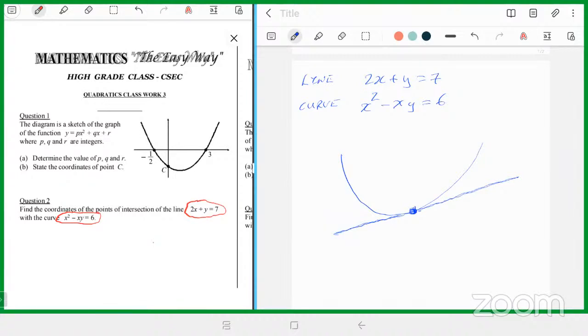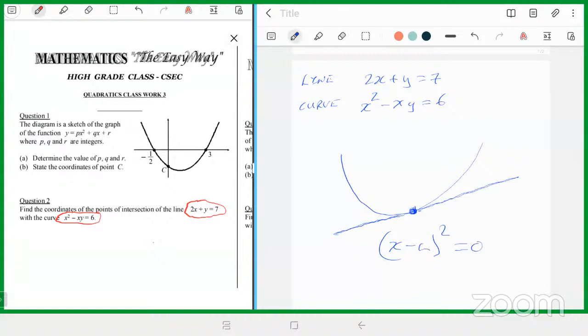So an equation like that may look like something like, for example, x minus 4 all squared equals 0, and you factorize it. You might end up with something like this.